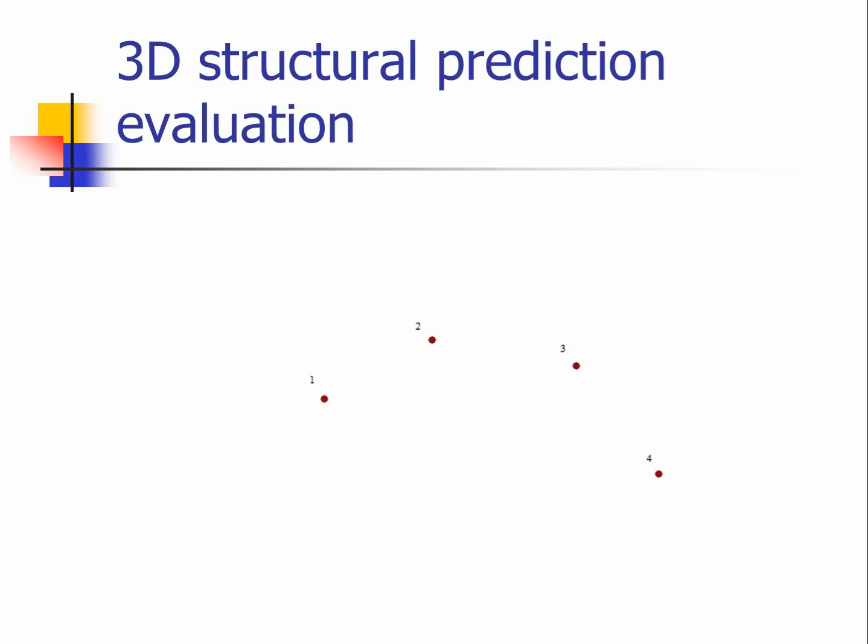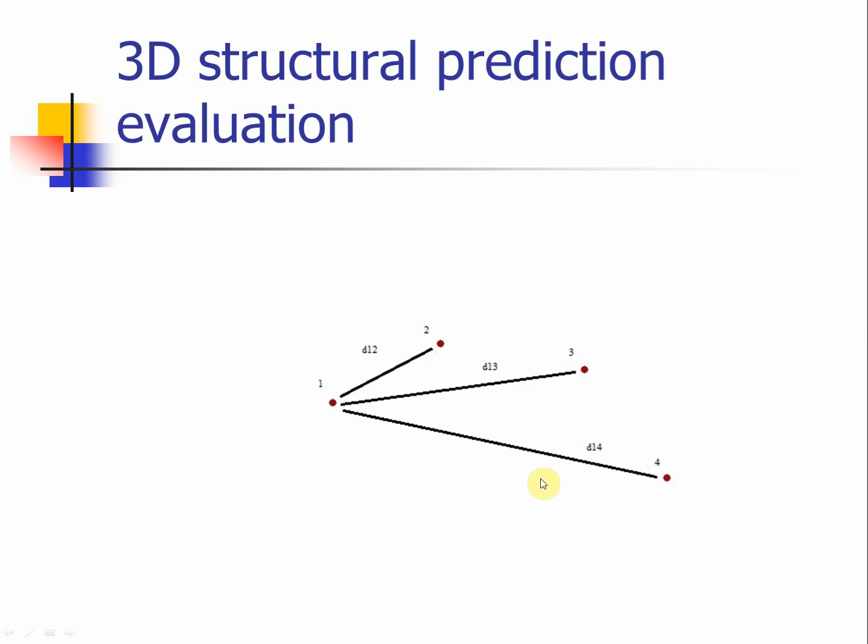Say now we have 4 elements here. What we need to do is look into the distance between point 1 and 2, point 1 and 3, point 1 and 4, and store those 3 distances.